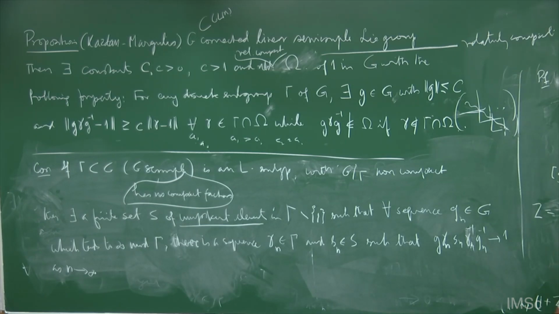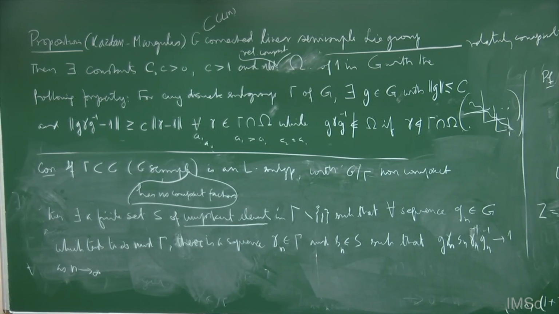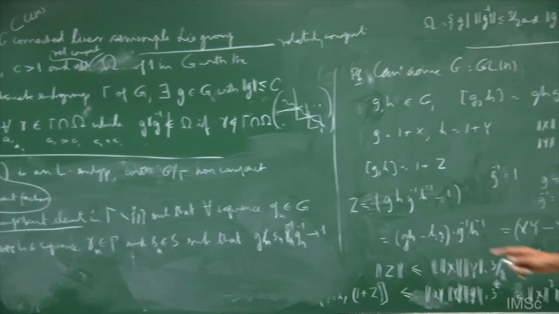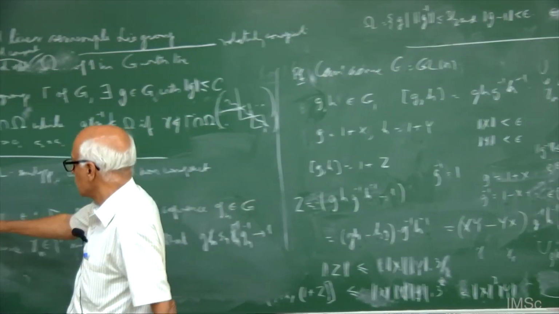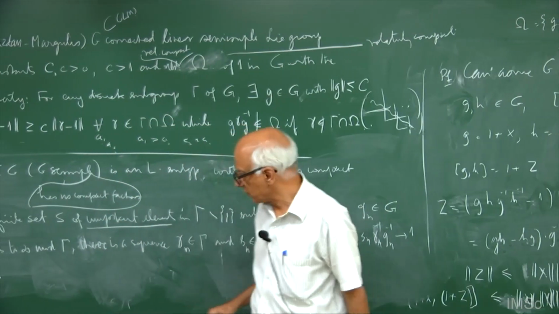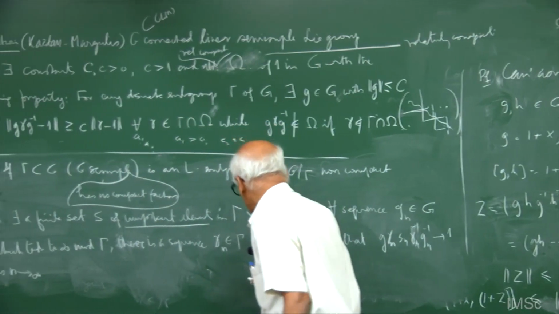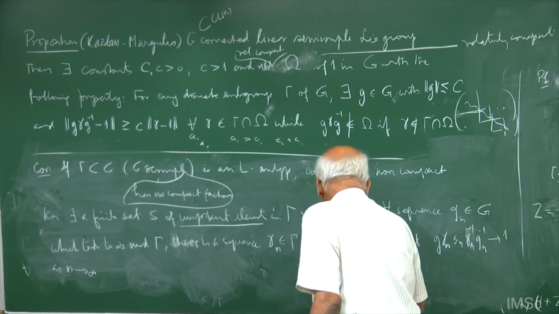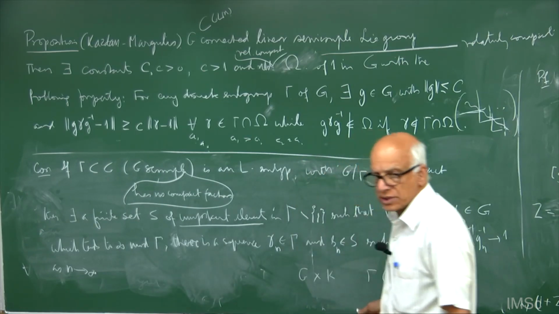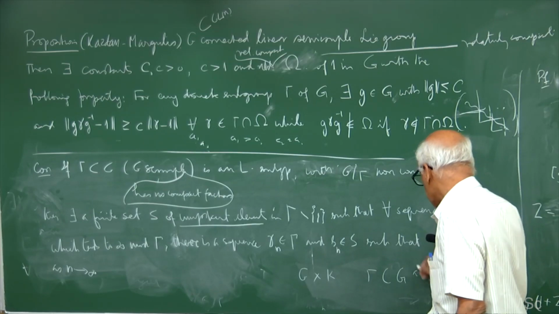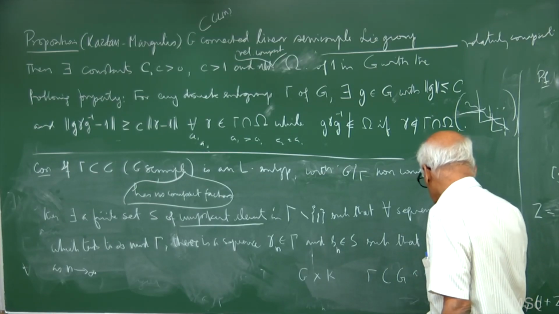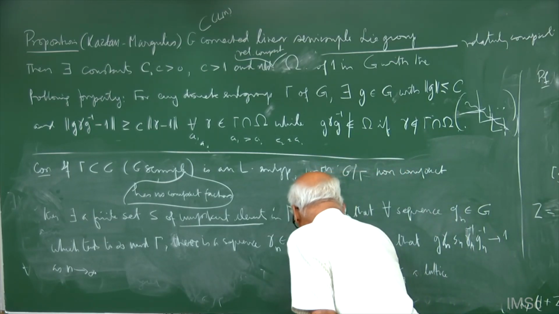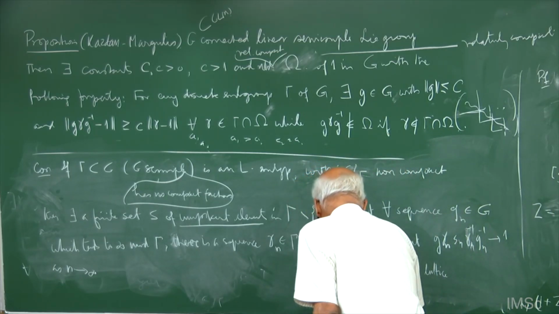Now, from this, we'll deduce the following. I said G has no compact factors. This has to be assumed for the following reason. If you have G cross a compact group K, and the gamma in G is a lattice or an L subgroup, a lattice is an L subgroup, as we know, and then you can suppose f from gamma to K is any homomorphism.